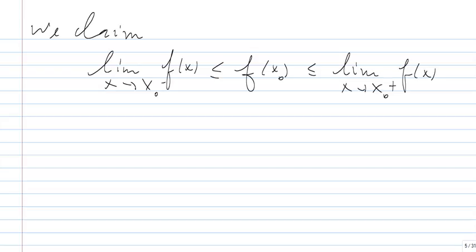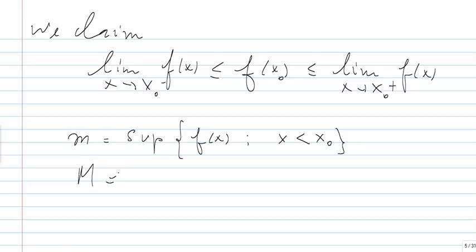So we just need to go back to m. What was m? We said m is the sup of f of x when x is less than x0, and capital M, which is the right limit, is equal to the infimum of f of x when x0 is less than x.